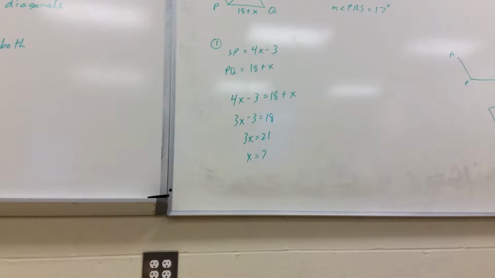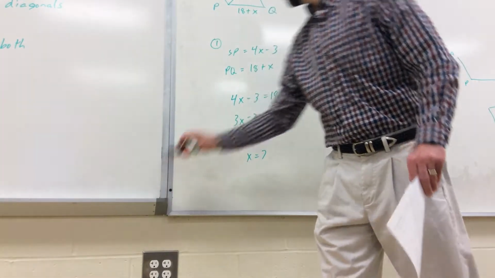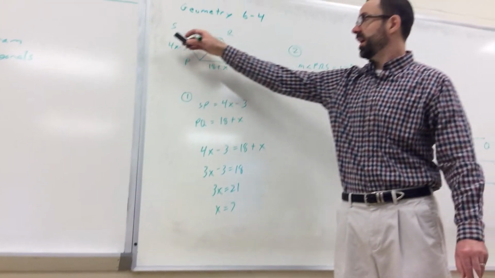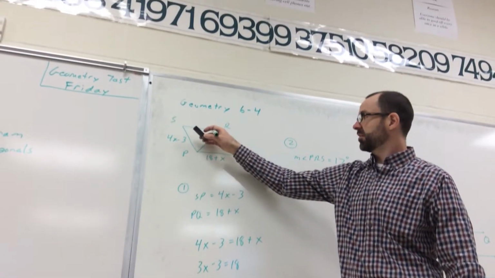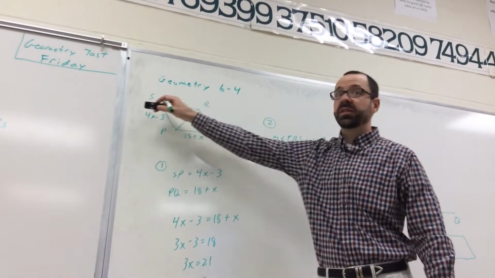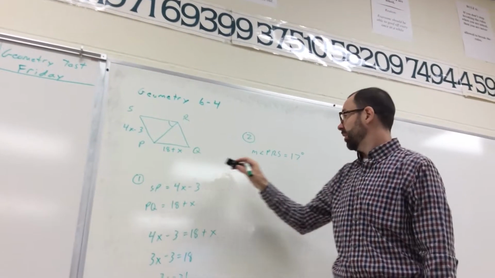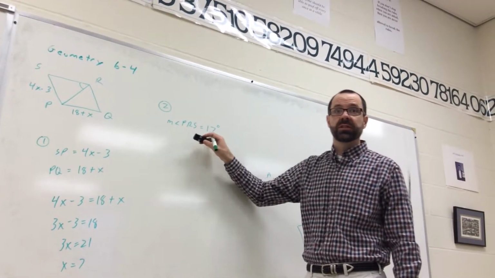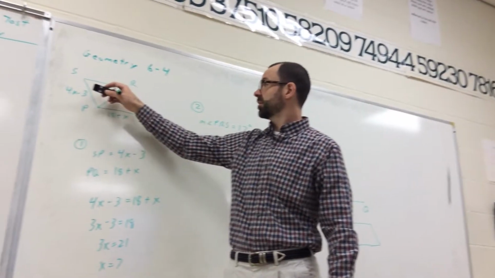So angle PRS. So trace from P to R to S. So that gives us this angle here. So there's PRS. And apparently that's 17 degrees. That's what they're telling us.